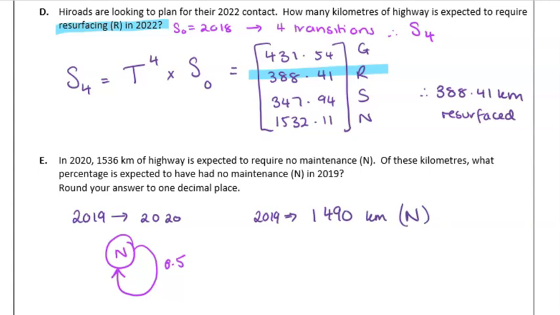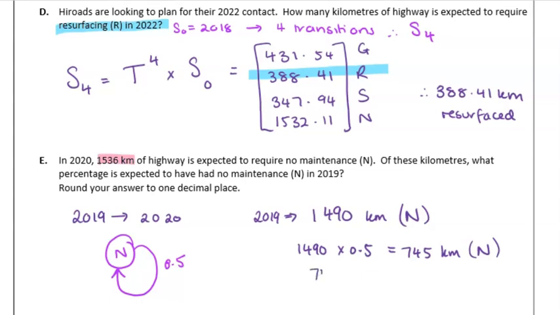So firstly, we can work out how many kilometres: 1,490 times 0.5 meant that in 2020, we had 745 kilometres with no maintenance. What the question is asking is what percentage this represents of the 1,536 kilometres in total in 2020.